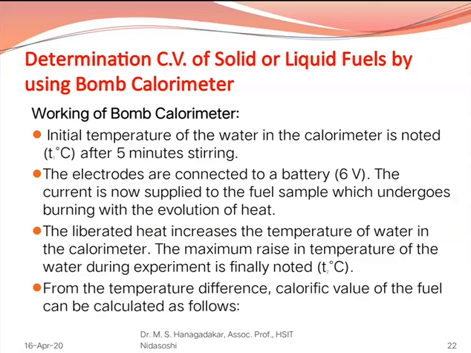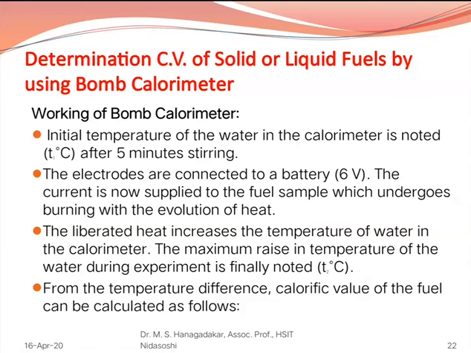The initial temperature of the water in the copper calorimeter is noted as T1 degrees Celsius after 5 minutes of stirring with the help of the electrically operated stirrer. The electrodes are connected to the 6-volt battery. The current is now supplied to the fuel sample, which undergoes burning within the bomb apparatus. As a result, heat is released.